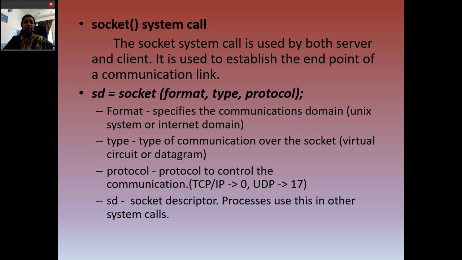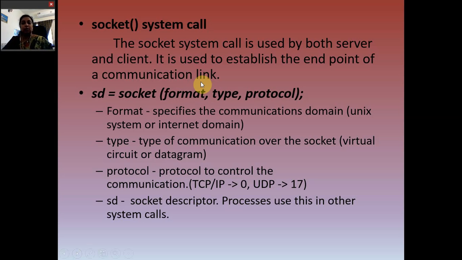Now these are slides which tell you about the format of different system calls and how they work. The socket system call, as I said, is used by both the server and the client to establish an endpoint for communication. We talk about the communication domain, whether it is an Internet domain or a Unix domain, and that is represented in the format parameter of the socket.